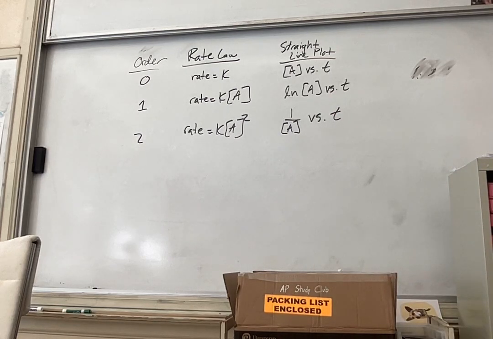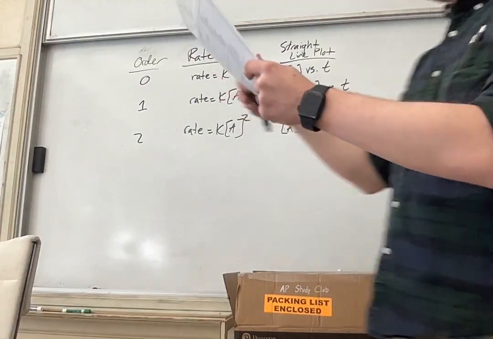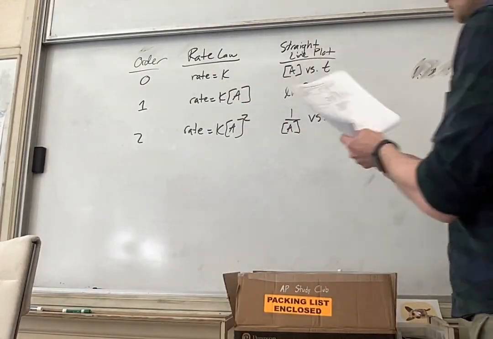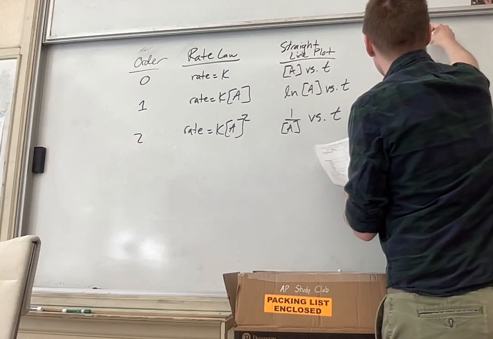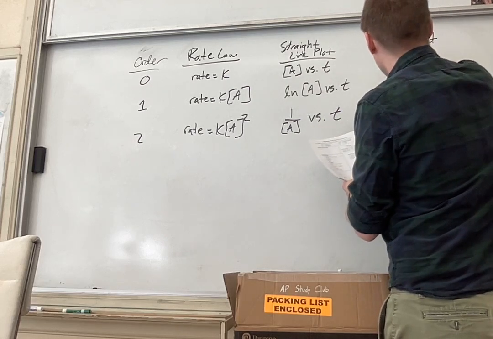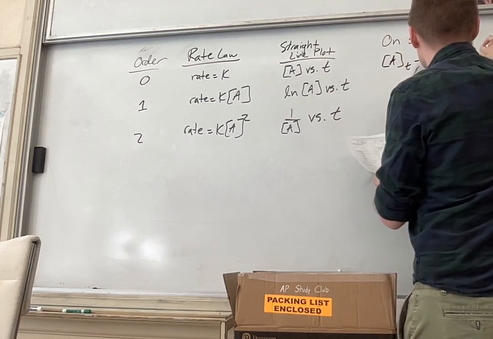On the equation sheet, they tell you the reaction law for each order, and they tell them in order. In the kinetics section, they say A at some time t minus A at time 0 equals minus kt.